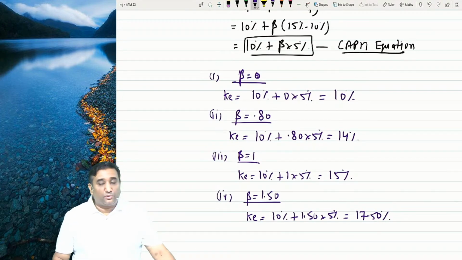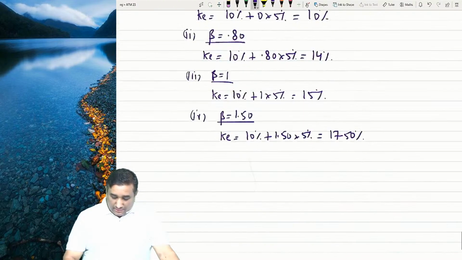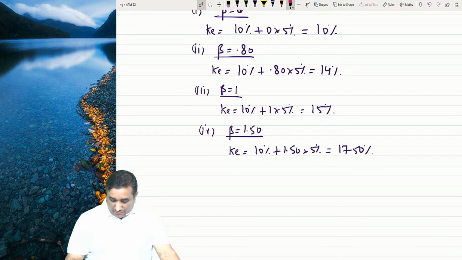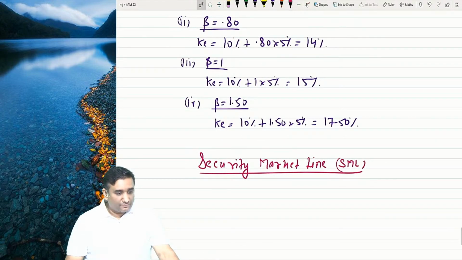Now the same thing I can draw as an equation called the SML line, security market line. It's a graphical representation of CAPM. Once you've done, let me know. I'll draw that as the security market line. We can put a small heading here: Security Market Line, SML.